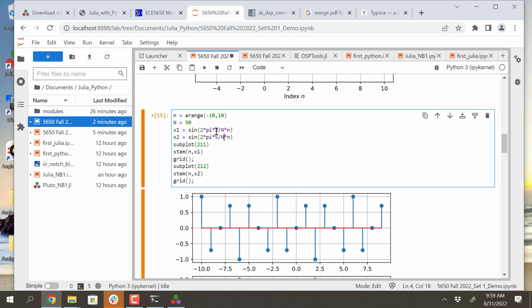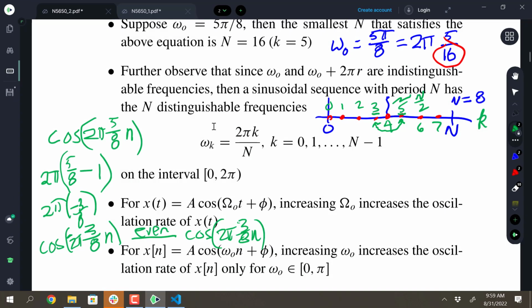If n is 50, and I go back to my picture over here, so if I want to see this periodicity property, I'm going to count up 3 from 0, and then I'm going to count down 3 from 50. So what index would I put in there? I would go 49, 48, 47. Is that right? Does everybody see what I'm doing?